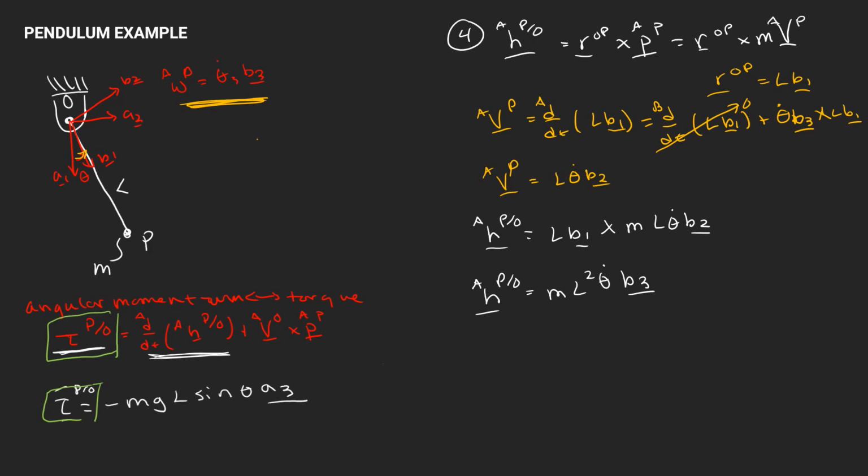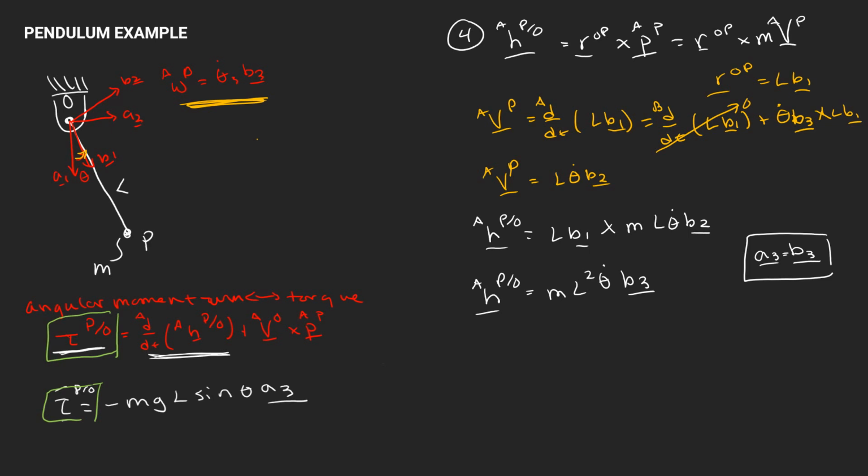Now, we need to take the derivative of this. So we can do two things. One is we can take this derivative and we can use the magic formula. The other option is that you can recall that A3 is equal to B3, right? This was introduced a few weeks back.